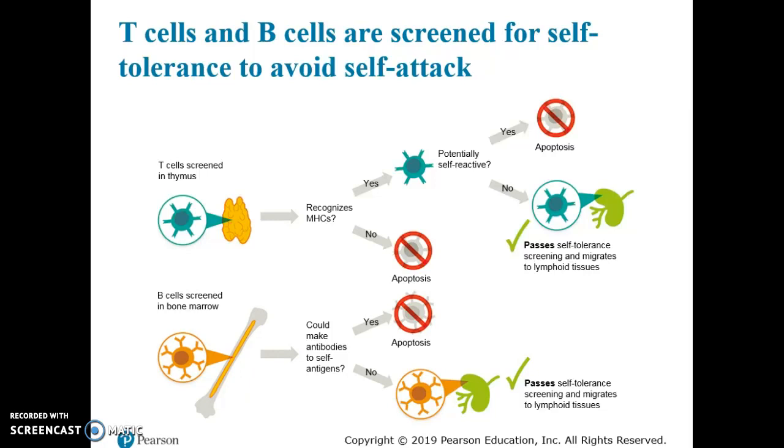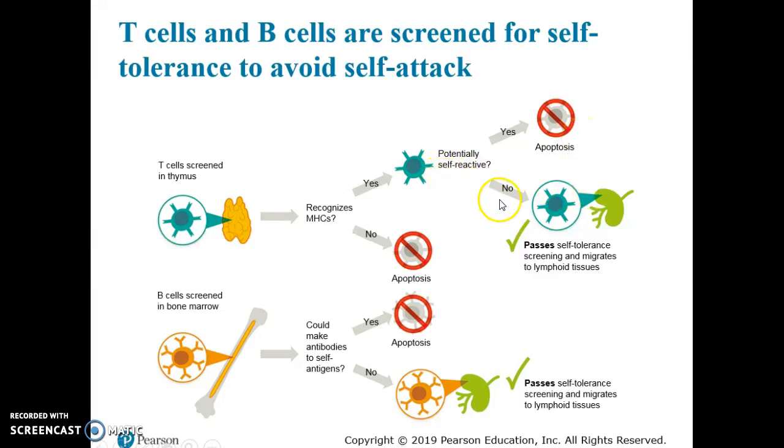If they can't tolerate themselves, then they're going to attack it. And so they're screened for self-tolerance to avoid self-attack. So in this case, do the T cells recognize the MHC, which we haven't talked about yet, but we will. And if it's yes, then it's potentially self-reactive. If it is self-reactive, the cell gets the signals to undergo apoptosis or cell death.